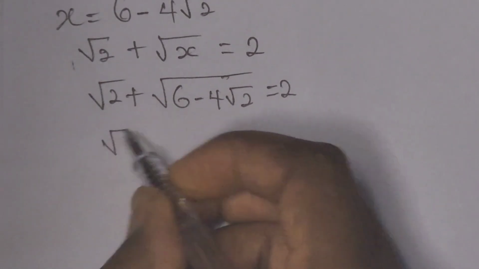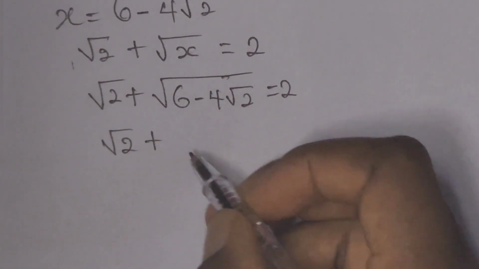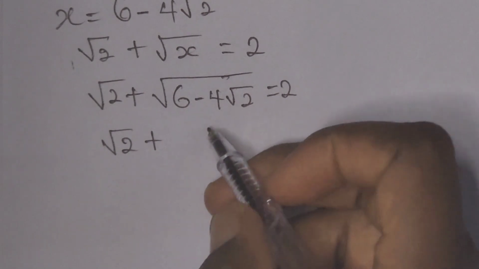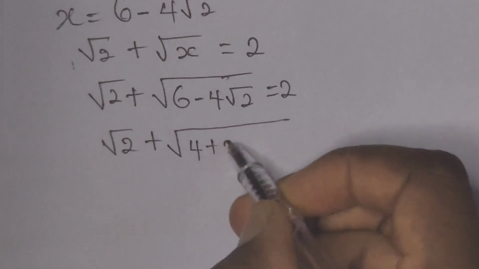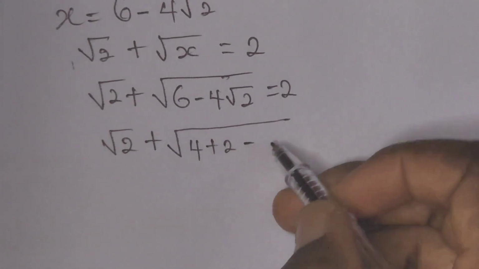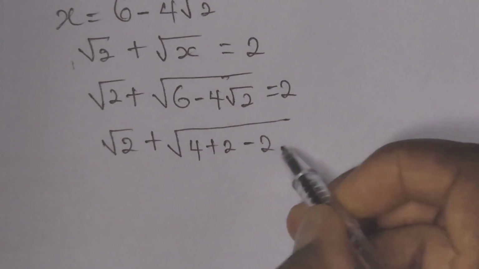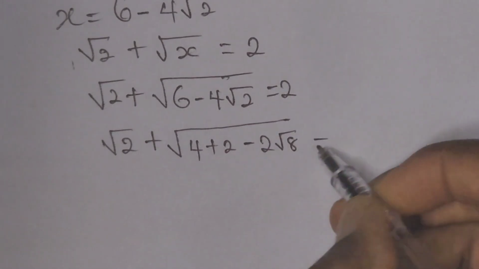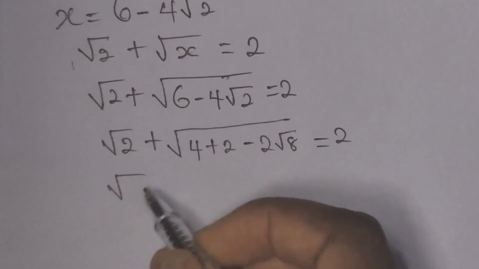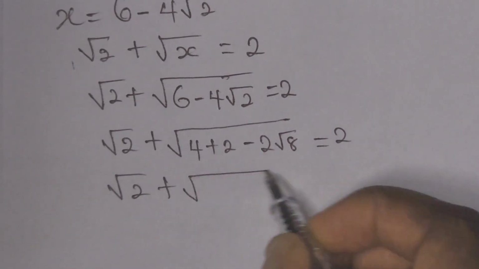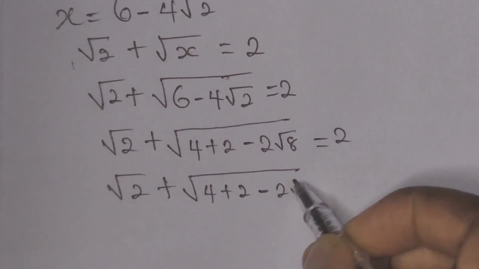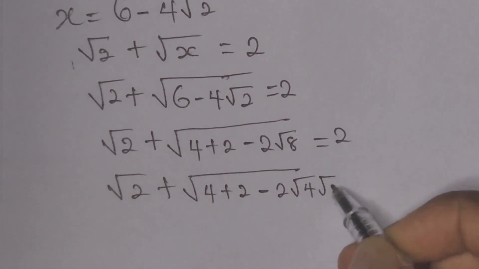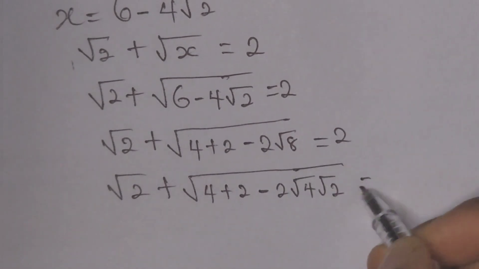We have root 2. So we repeat the same step we took using the positive value. So 6 is written as 4 plus 2 minus 2 root 8, all equal to 2. So root 2 plus root of 4 plus 2 minus 2 root 4 root 2, all equal to 2.